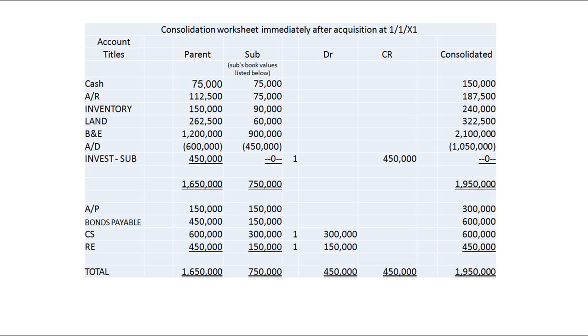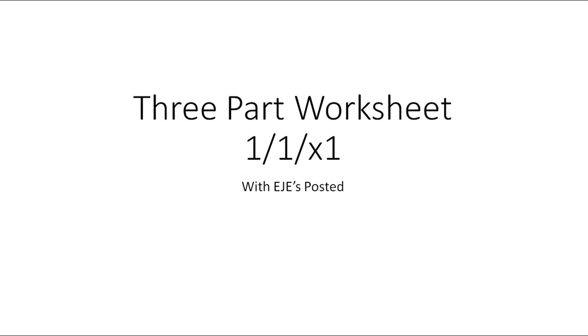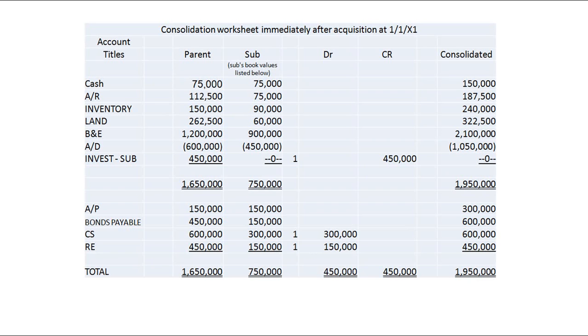If we go back two slides, we see that this number 1 is our EJE number 1. We reference that on our consolidated worksheet, our 3-part worksheet, so that we know where that $450,000 in the credit came from. It came from EJE1. This is referred to as cross-referencing.